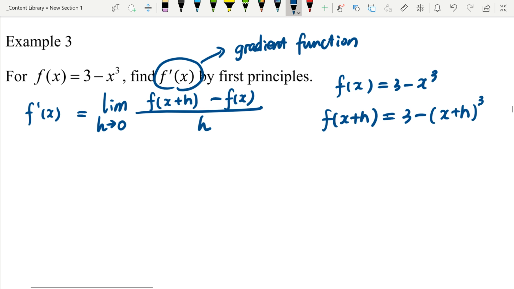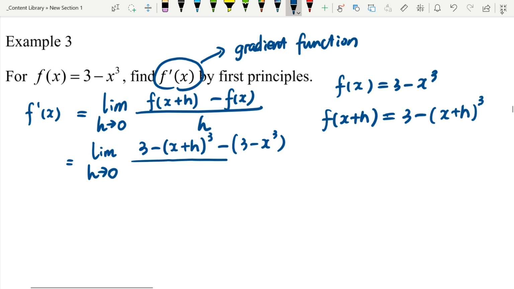So we replace x by x plus h in the bracket, using the rule given to you, and then put things in. Therefore that becomes the limit as h approaches 0 of 3 minus (x plus h) cubed, minus (3 minus x cubed), over h.